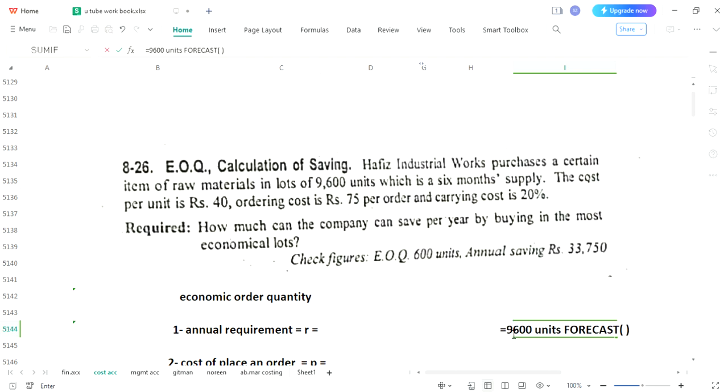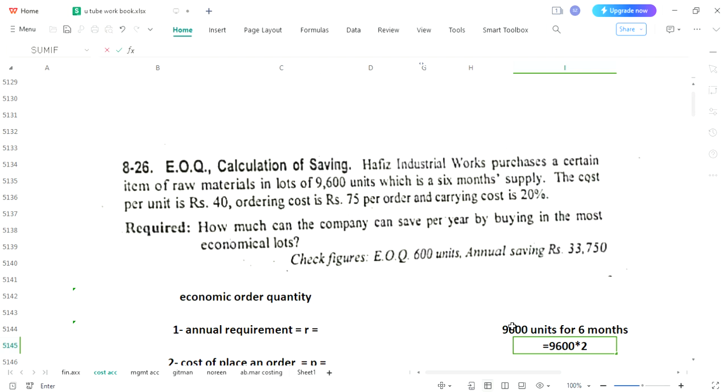The given amount is 9600, and these are units for 6 months, and you want to turn this 9600 into a full year. If the amount for 6 months is 9600, total months in a year is 12 months, so you will double it. 9600 multiplied by 2.